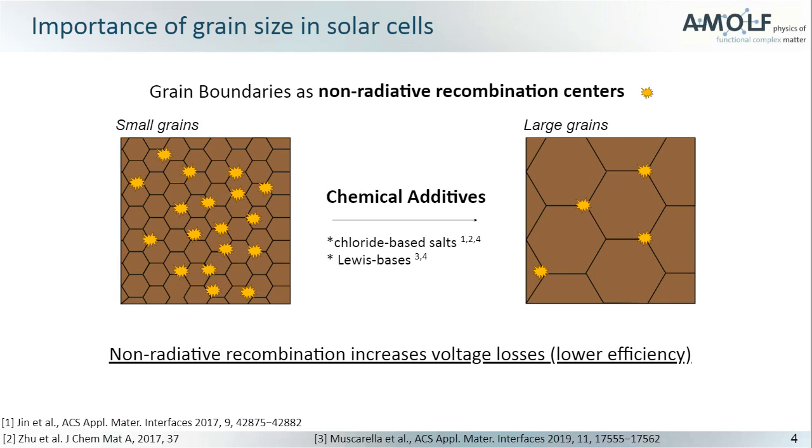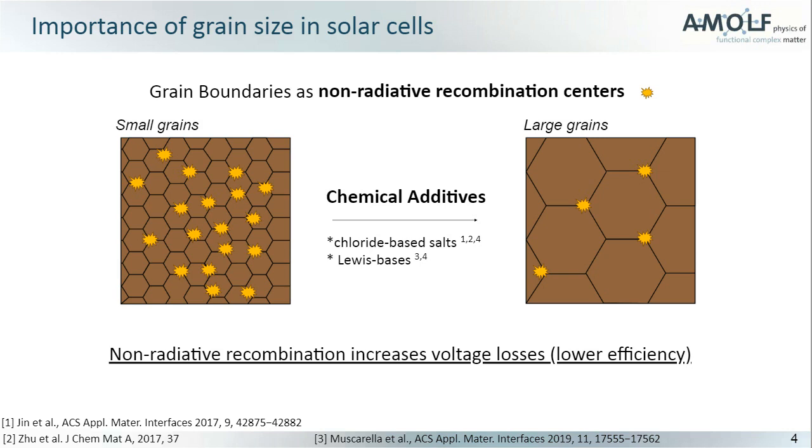That's the reason why several groups are making a lot of effort to improve the grains and make large grains by using some chemical additives. This is because the increase in non-radiative recombination increases the voltage loss. That means that your solar cell is less efficient.